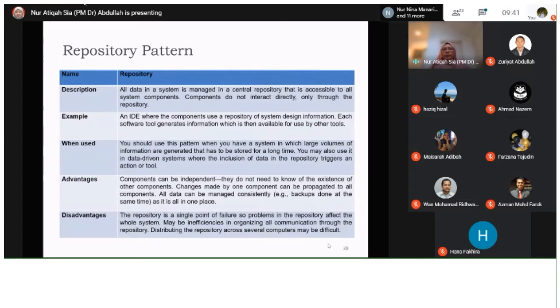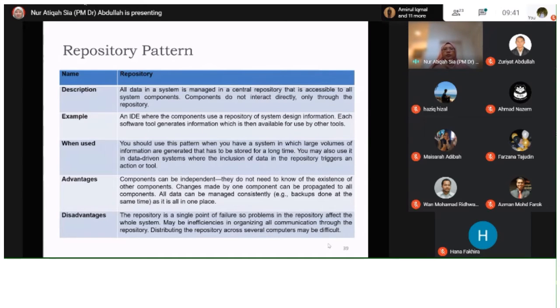Client server tu maksud repository disebabkan dia share data. At the same time disebabkan dia nak kepada availability. Okay, that's why dia kena juga adalah client server untuk redundancy tu berlaku. Okay, redundancy berlaku. So of course redundancy apabila berlaku memang security cost akan tinggi lah. Okay, security cost akan tinggi dan security concern akan lagi banyak. Maksud you kena secure banyak tempat yang ada. Okay, untuk elakkan kepada attack and so on.